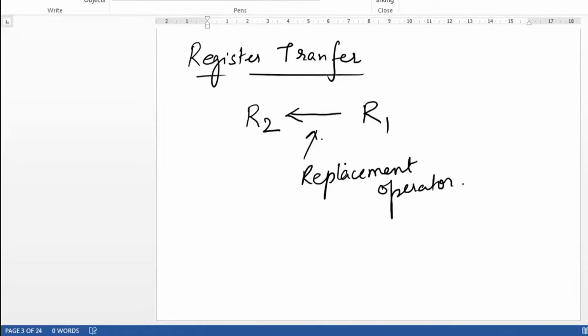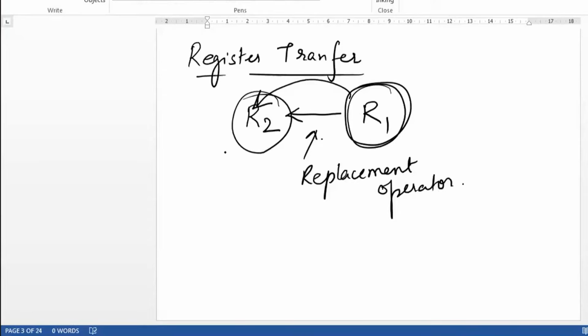Whatever data is on the right-hand side gets transferred to the destination on the left-hand side. You always need to remember that the right-hand side is your source register and the left-hand side is your destination register.